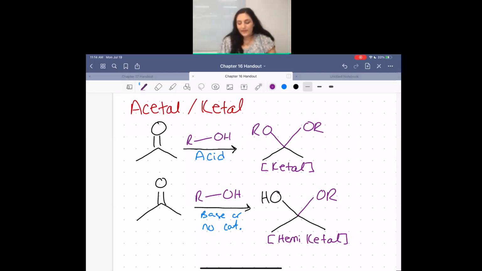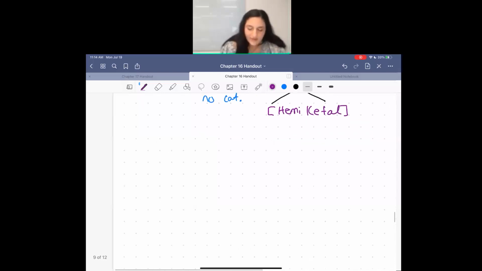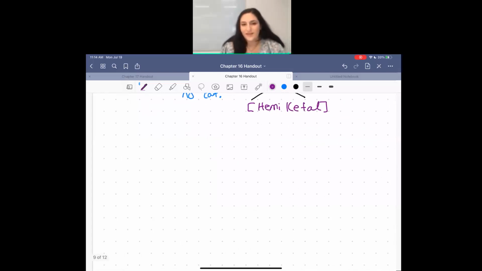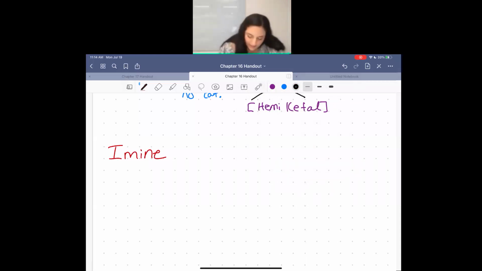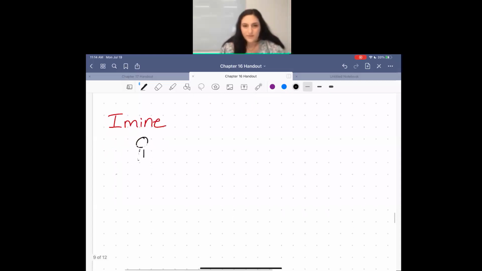The next reaction that we did, I believe, was the imine reaction. Also, I know I'm super zoomed in. I promise once we get to the end of the page, I'll zoom out. But yes. All right, so when we are doing the imine reaction, we can start with a ketone or an aldehyde. Oh, my screen is frozen.